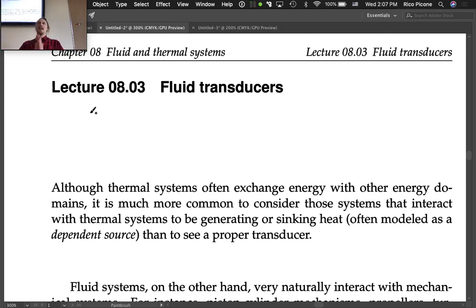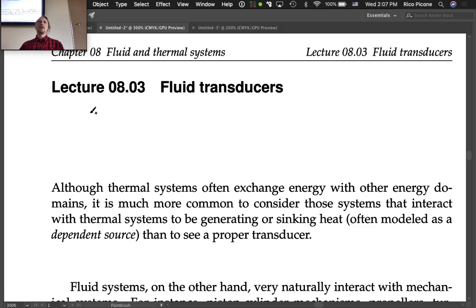Okay, 8.3, fluid transducers. So we've done fluid and thermal system models now. We've done all of them, but we're going to do a very extended example with a fluid transducer in it.